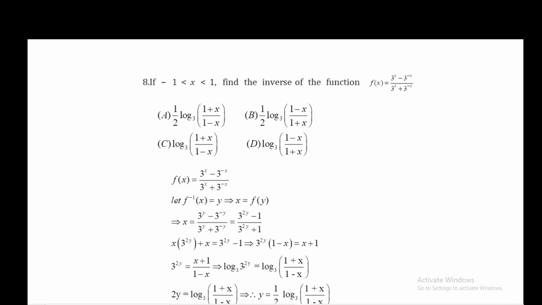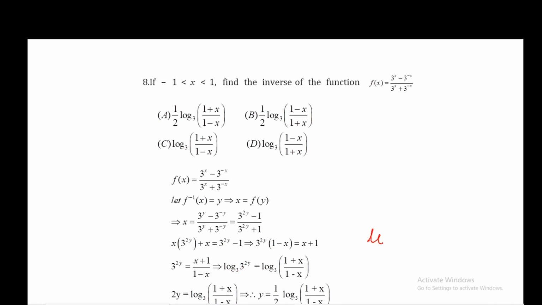Taking logarithm on both sides. Here I'm considering the base as 3. No one is going to tell you to consider base 3. You have to decide, because according to the answer you have to decide that the logarithmic base is 3. So I'm taking log on both sides. Log base 3 of 3 power 2y.